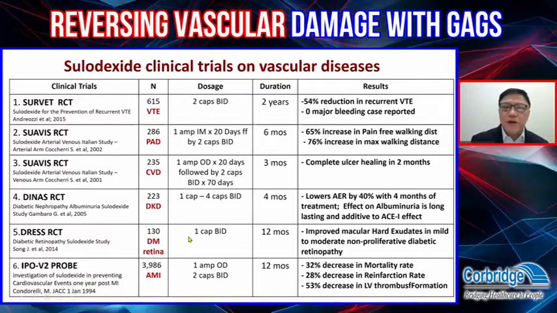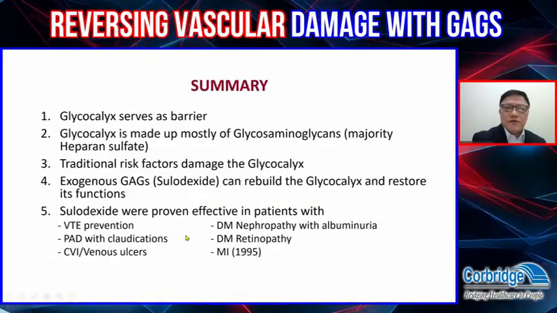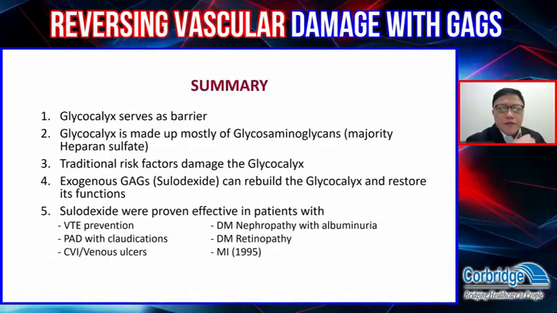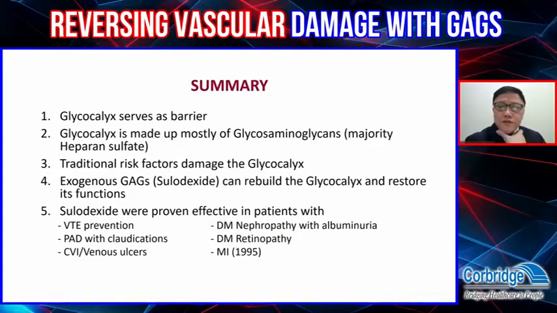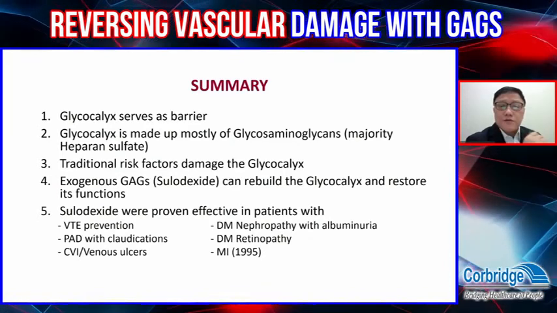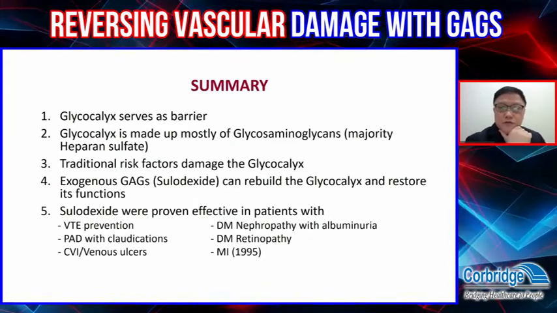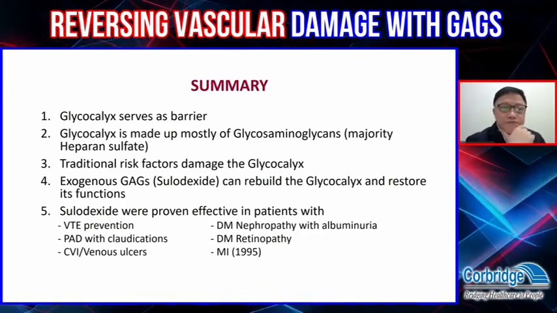So it's both macro and micro. So in summary, I would like to say, take-home message, the glycocalyx serves as a barrier. It's a normalizing structure. It balances everything.